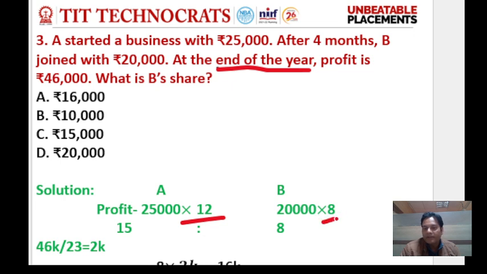In this case we make the ratio with capital into time. When you cancel out the numbers, you will find the ratio like 15 is to 8. So their profit ratio will be 15 is to 8.